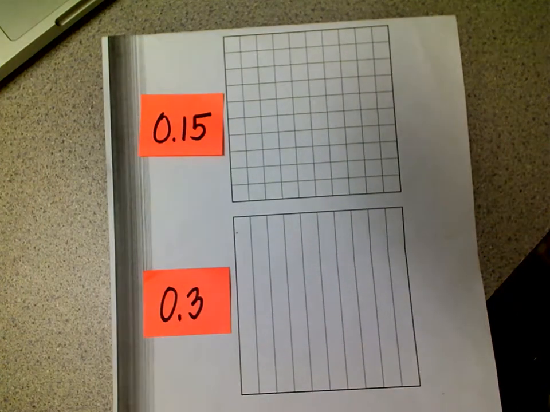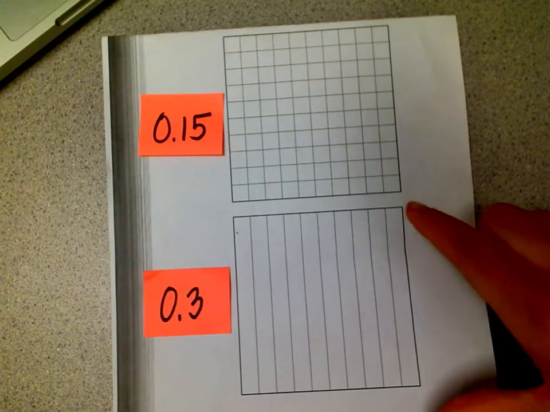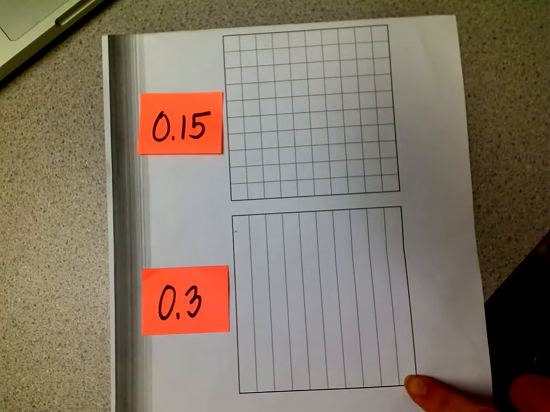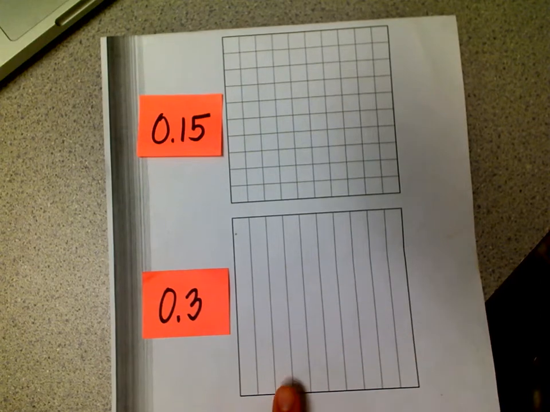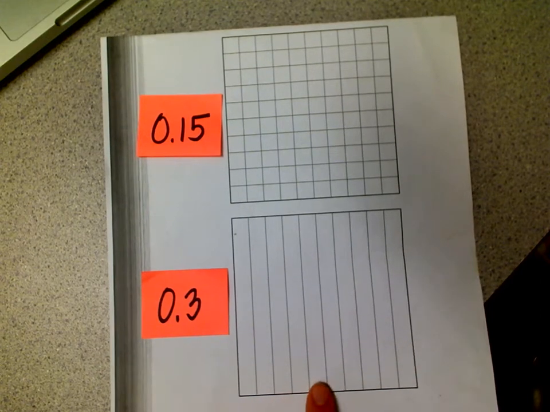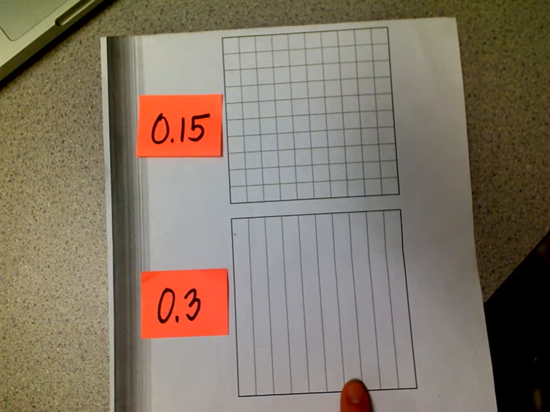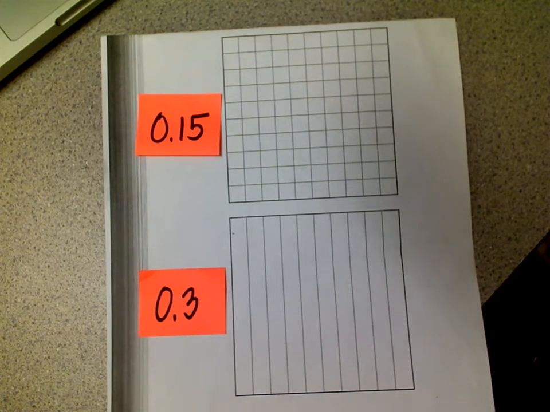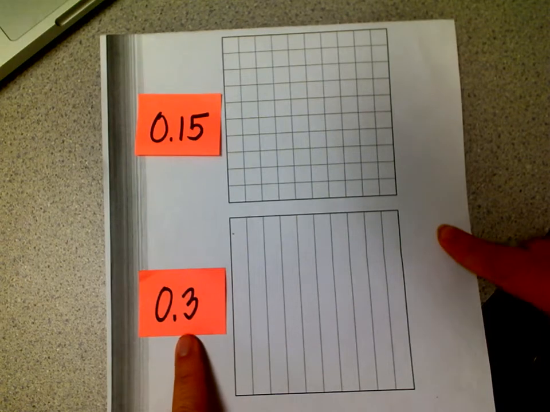So to compare these decimals, I'm going to use the pictures of the flats that we used yesterday during our lesson. One flat has 10 longs. 1, 2, 3, 4, 5, 6, 7, 8, 9, 10, because the decimal I'm working with is in the tenths place.